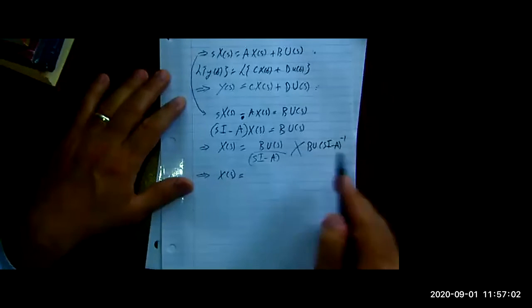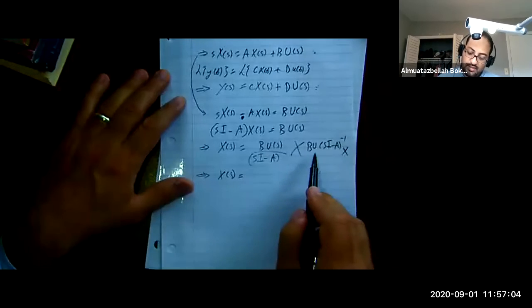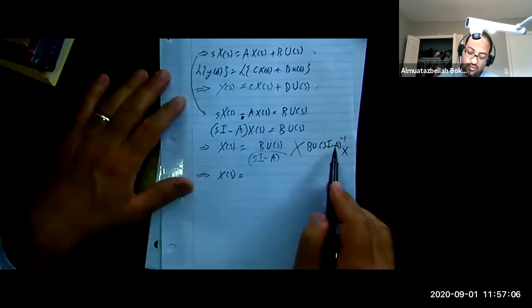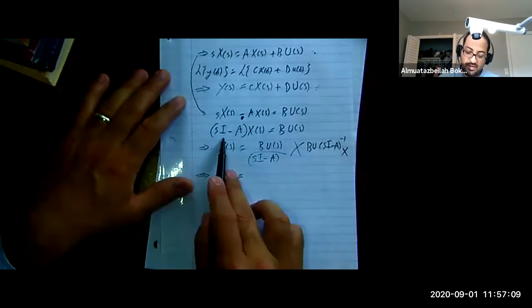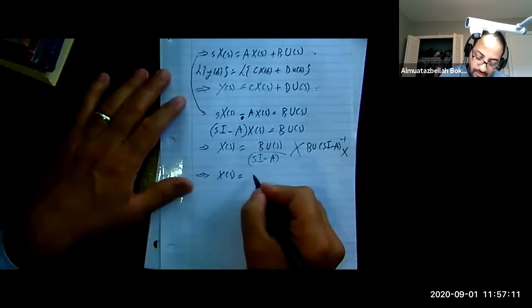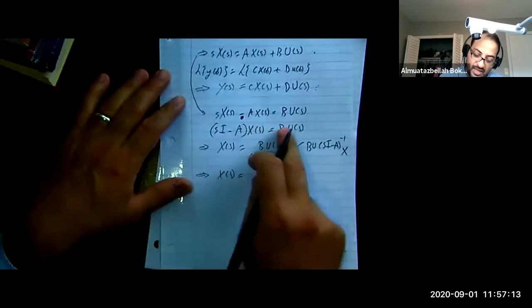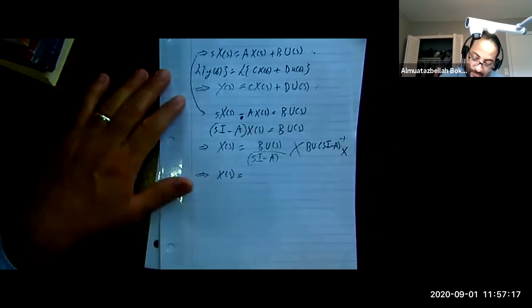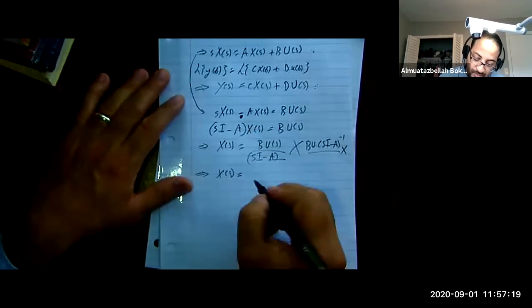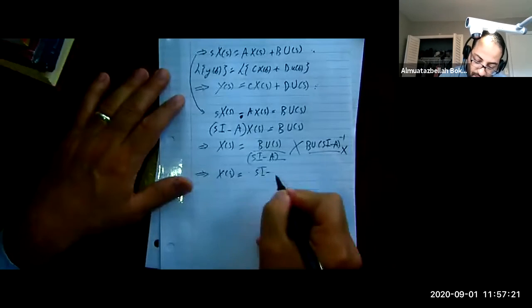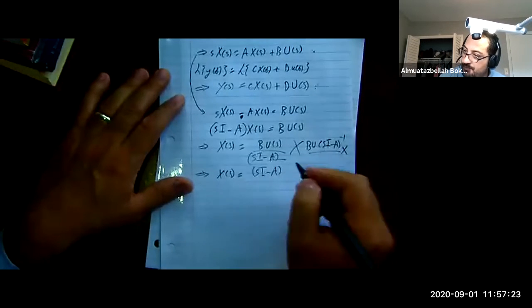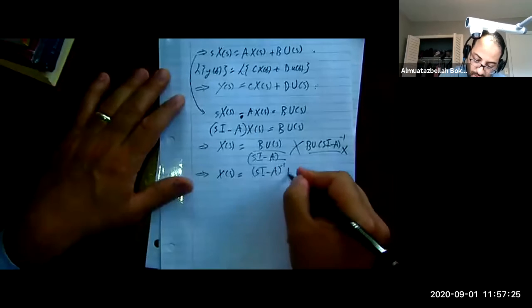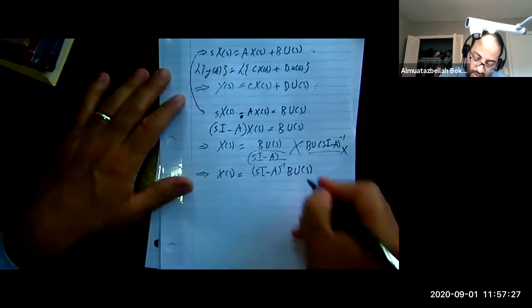Also no, right? Why? Because we are multiplying from the right. We should multiply from the left. So multiply both sides by (sI minus A) inverse from the left. So this is wrong and this is wrong. So X of s equals (sI minus A) inverse B U of s.